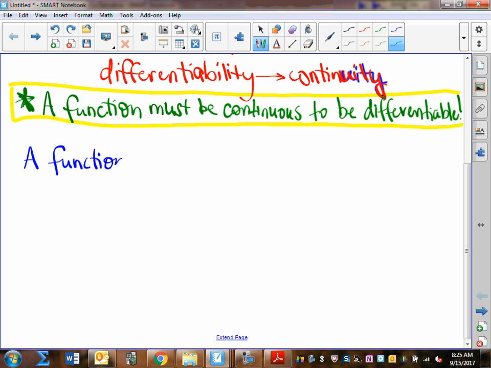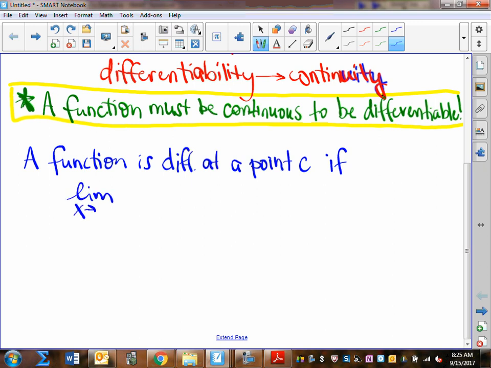A function is differentiable at a point C if we have the following: the limit as x approaches C from the left of f prime of x is equal to the limit as x approaches C from the right of f prime of x.